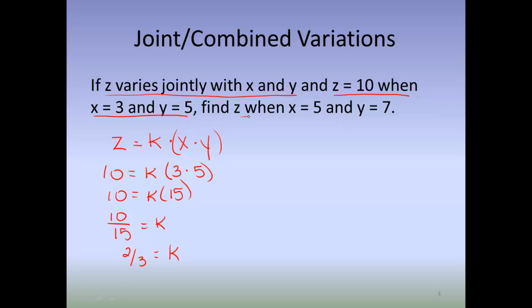And then the last part of the sentence, find z using my k and my x and my y. 7 times 5 is 35, times 2/3 is 70 over 3. So same process over and over, it's just these first words are going to determine what kind of expression you're going to use.